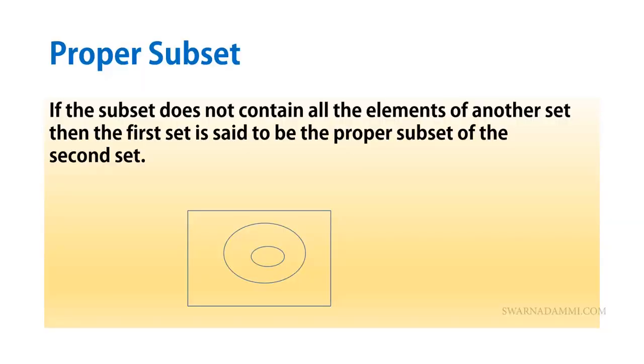Proper subset. If the subset does not contain all the elements of another set, then the first set is said to be the proper subset of the second set.